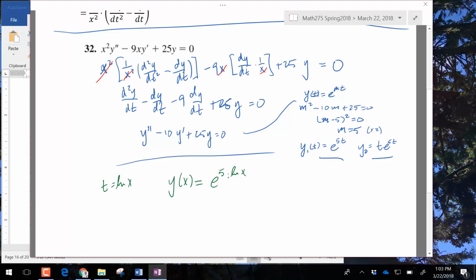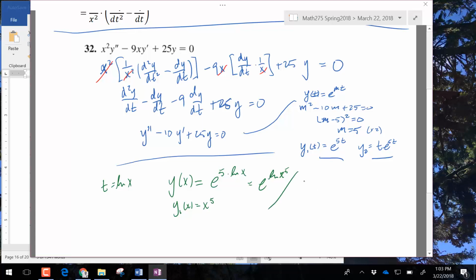And then what's this? There's some power thing for logarithms, right? We put the 5 up as a power, so e to the ln of x to the 5th. And so your y1 of x is equal to x to the 5th.